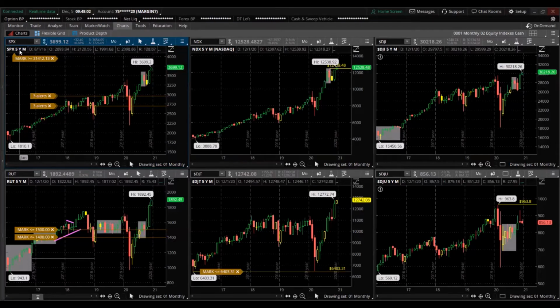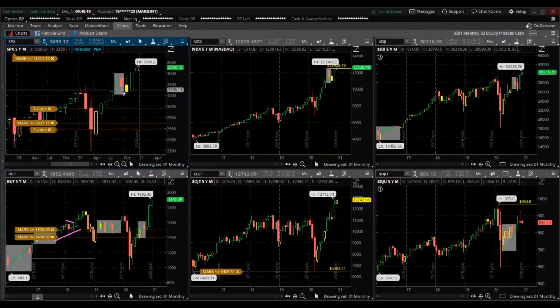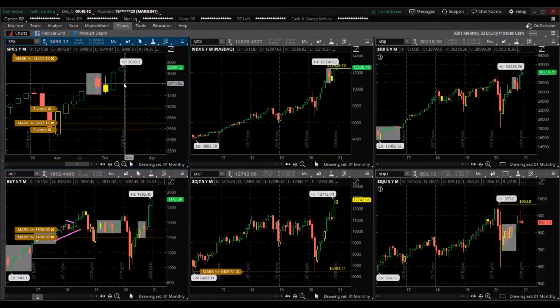So the first one, the S&P 500, the go-to index that institutions compare their performance to. Looking here, the month is not over yet, but on the monthly chart, since the 5th of December, it already made a new high for the whole year.